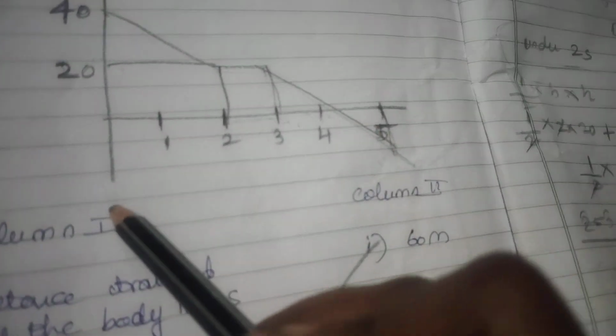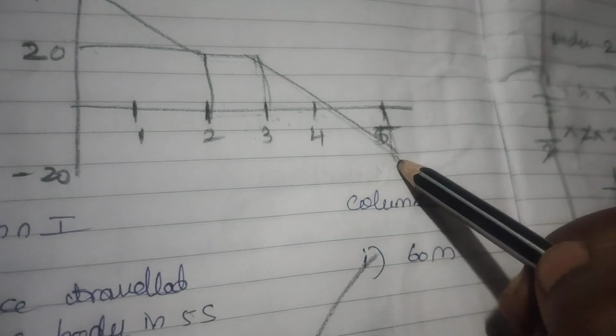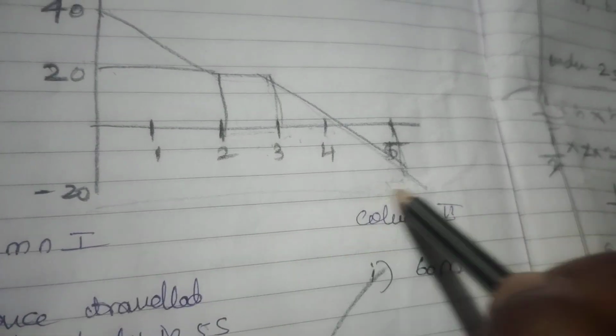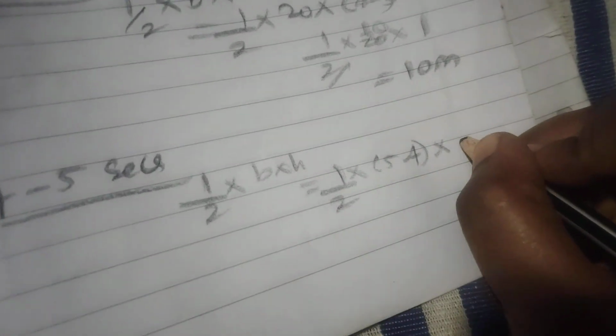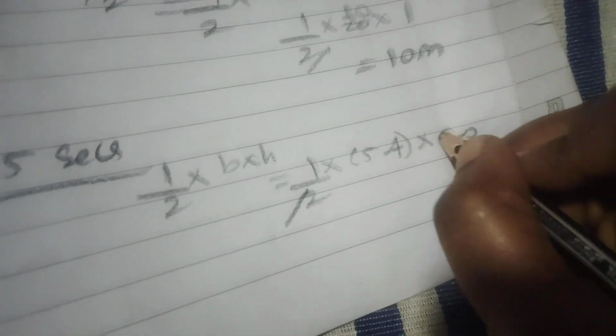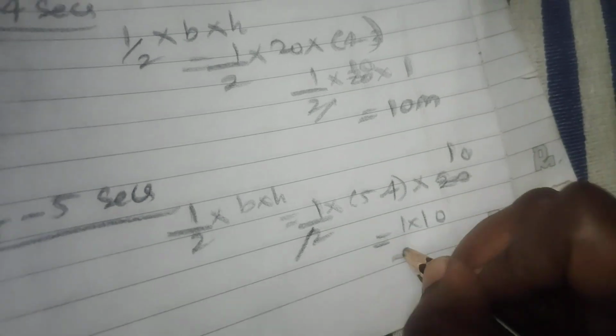In the question it is given as minus 20, but we should not take minus 20 to calculate distance. We should take it as a positive value. So 20. So half into 1 into 20 is equal to 10 meter.